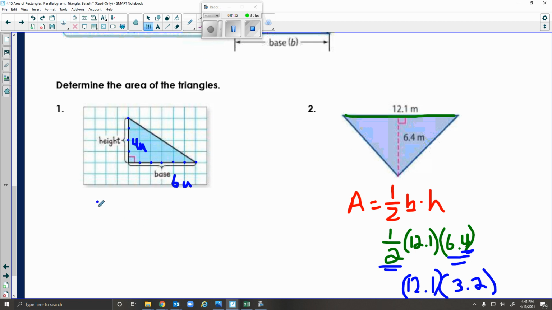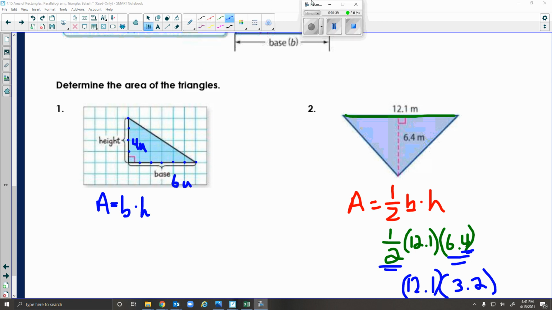Well, if I used my area equals base times height, I would actually be getting all of this stuff on this side as well. I would get this entire green rectangle. That would give me the whole thing. But guys, I don't really want the whole thing. I just want this little light blue triangle.